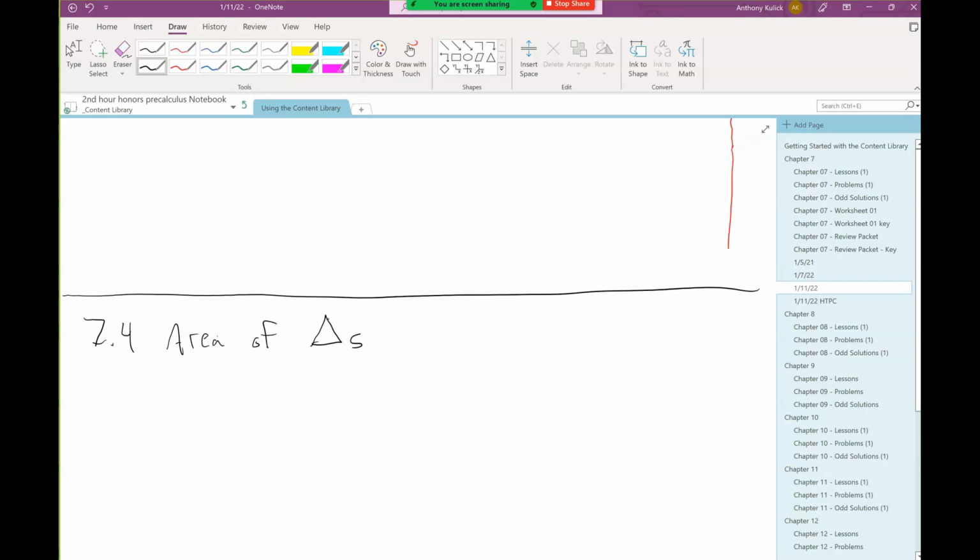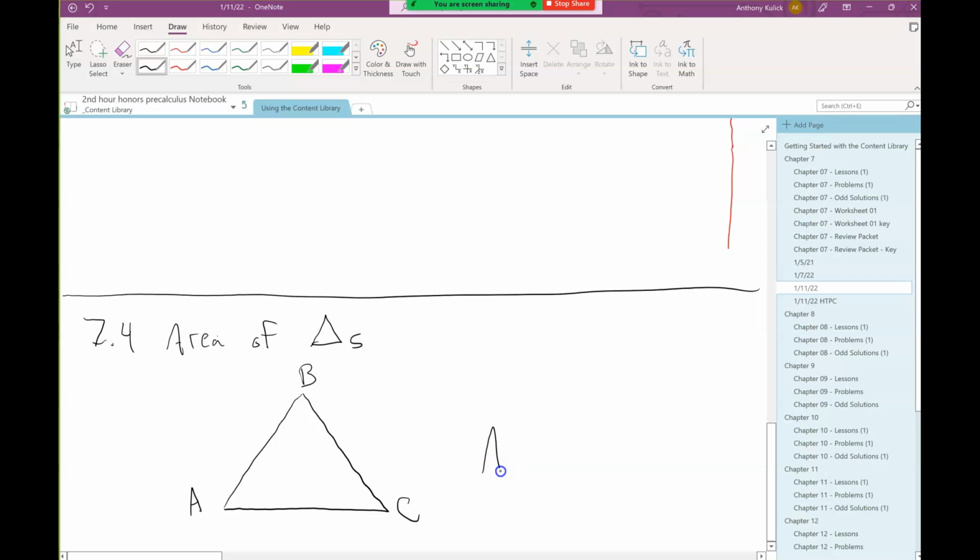Here we're going to be talking about areas of triangles. If we go back to our geometry class, what did we say the area for a triangle is? Very good. 1/2 base times height.